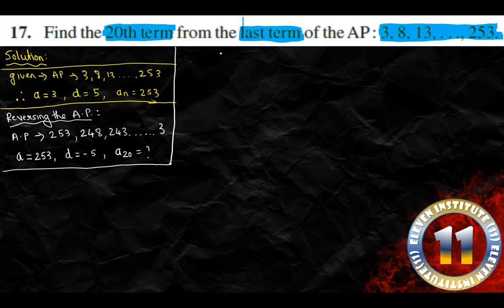So we can write over here A20 is equal to A plus 19 times D. Instead of A we can write 253 plus 19 multiplied by minus 5.